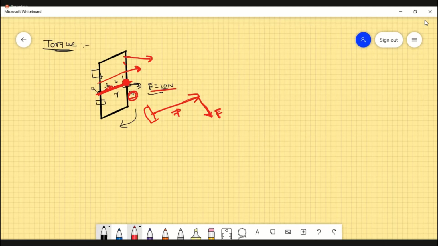One thing is clear: the torque, that is the rotation, depends on this distance as well as the angle between the force and the R value.